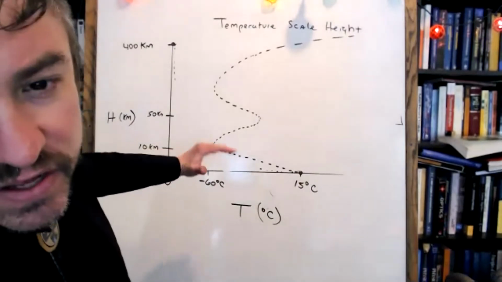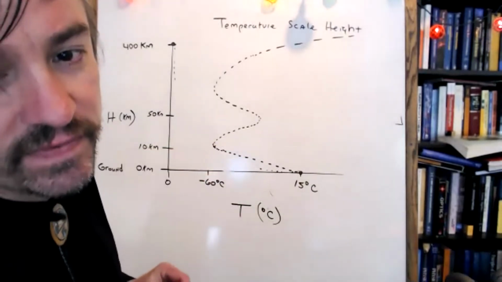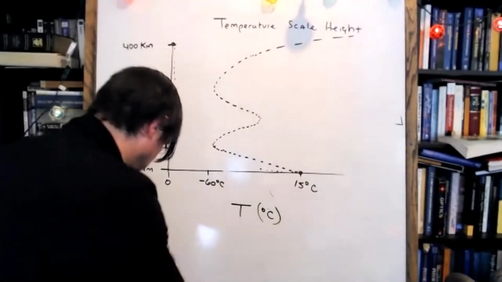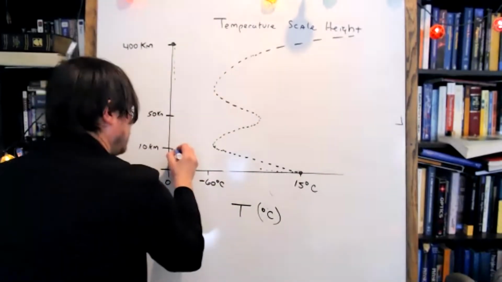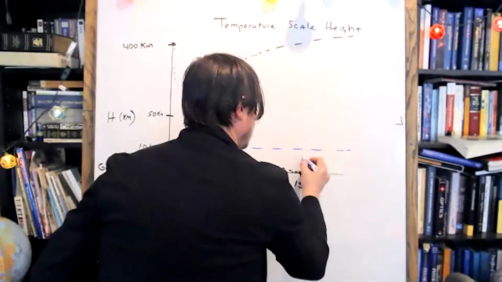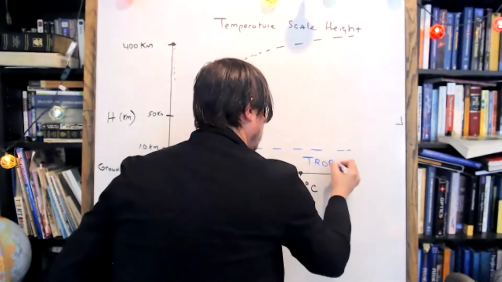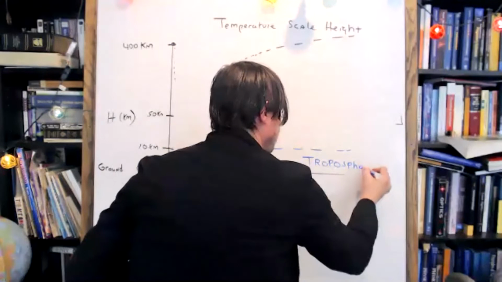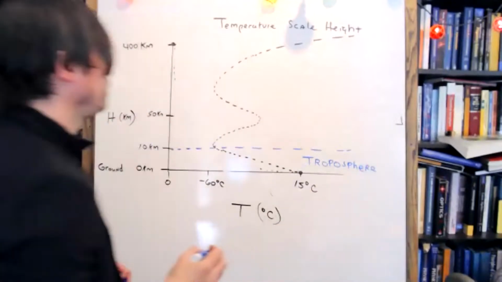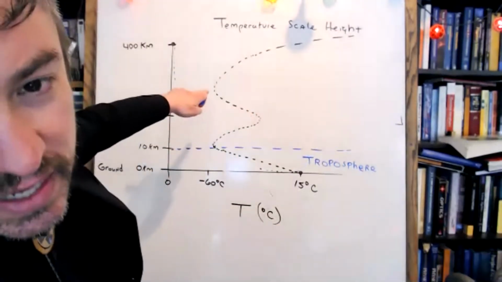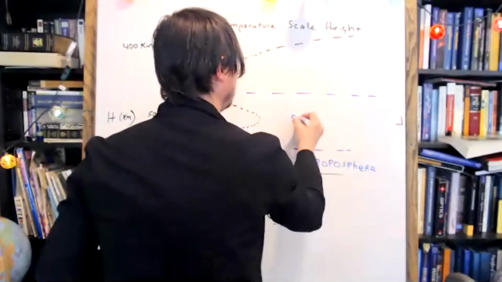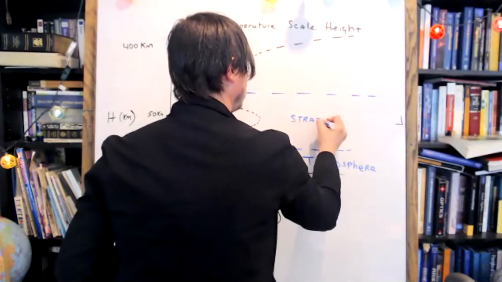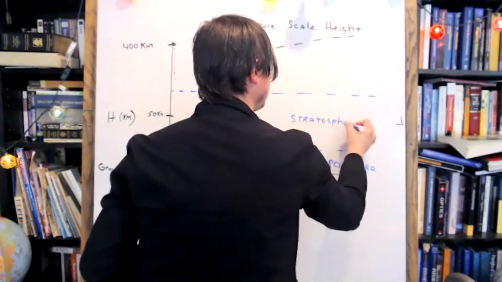These switchbacks are going to help us define layers of Earth's atmosphere, which I expect you to know. The bottom layer, where you live, where temperature drops, that's called the troposphere. The second layer, where temperature rises and falls again, is called the stratosphere.